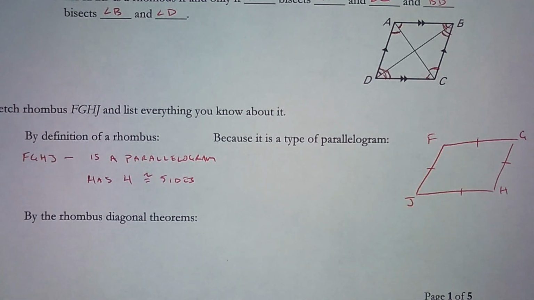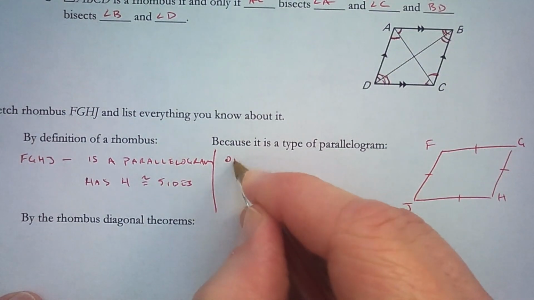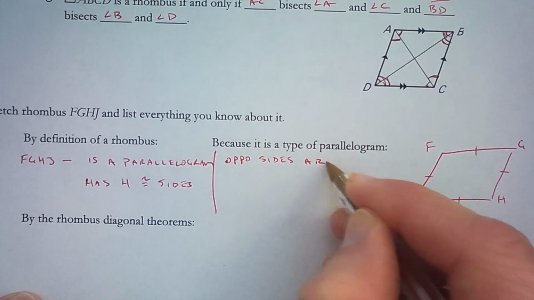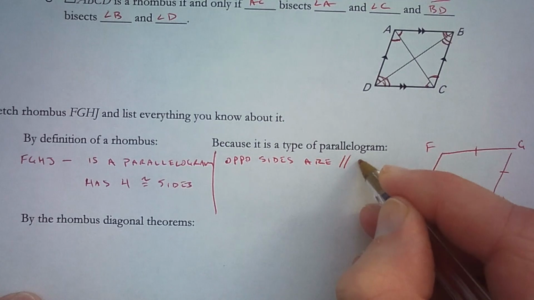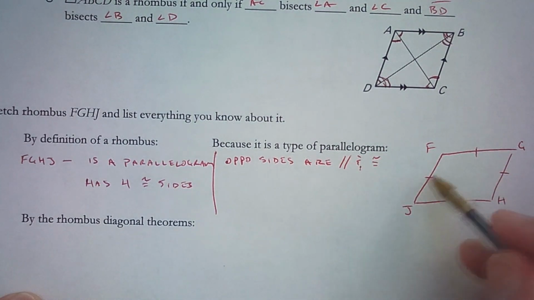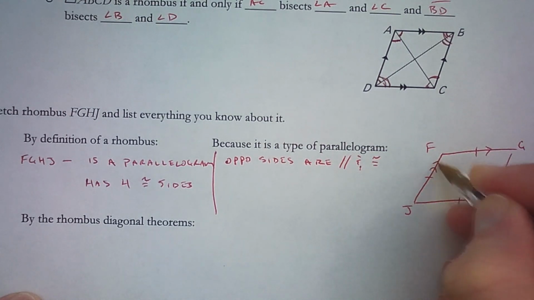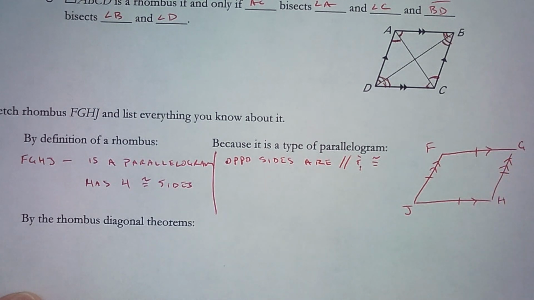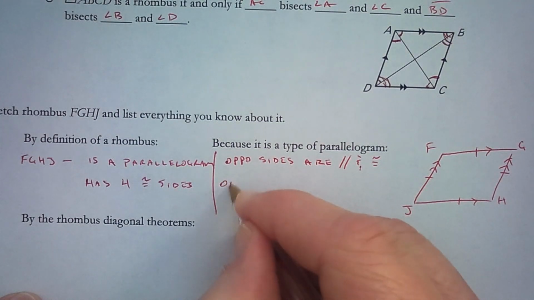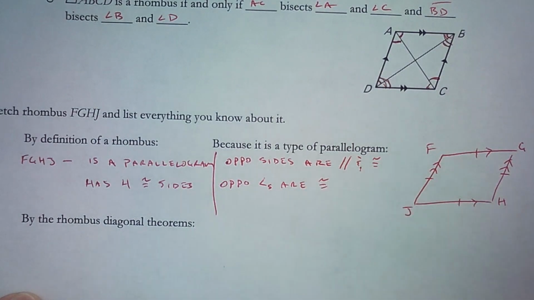Because it's a type of parallelogram, we know that opposite sides are both parallel and congruent. Okay, opposite sides congruent is already marked because all four are congruent. We can also mark opposite sides are parallel because it is a type of parallelogram. We also know that opposite angles are congruent.